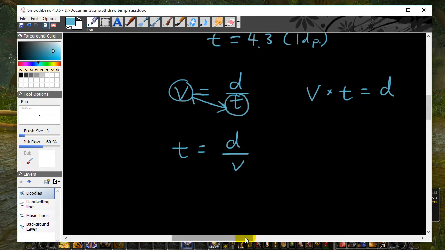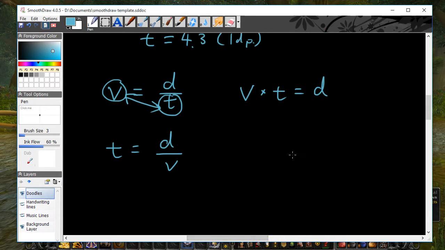Why is that? Because if you have v equals d over t, and you multiply by t on both sides, then on the left hand side you can simply write it as vt, because t times v is the same as v times t. On the right hand side, divided by t and times t cancel out.